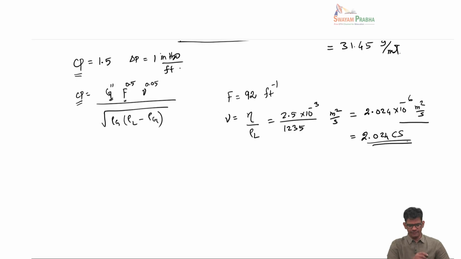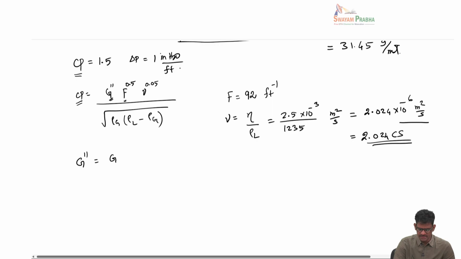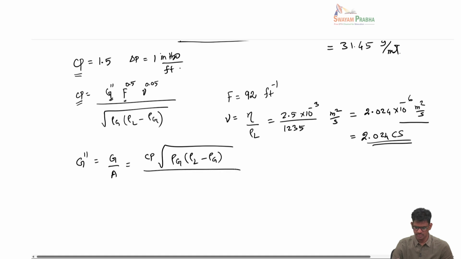Well, I think we know everything here, so we can solve for G double prime, which is nothing but G over area A, and this becomes capacity factor times the rest. Okay. So now you can substitute all these numbers that we know here already.